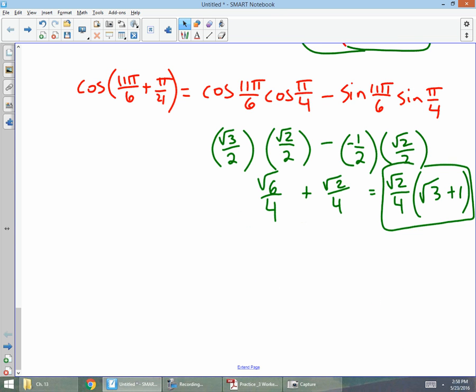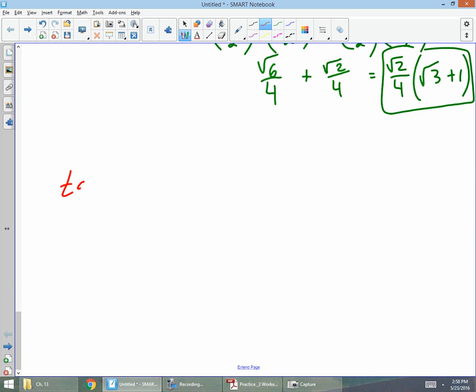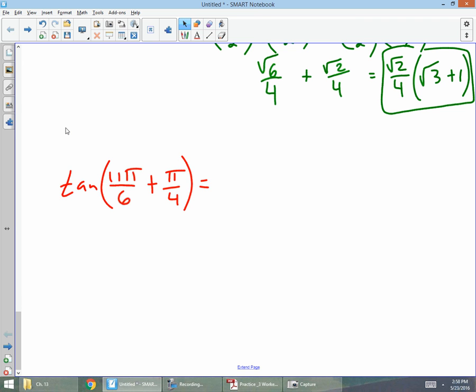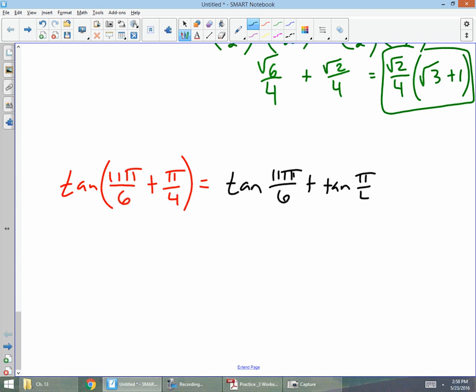And now, last but certainly not least, good old tangents. The tangent of 11 pi over 6 plus pi over 4 equals the tangent of 11 pi over 6 plus the tangent of pi over 4 over 1 minus the tangent of 11 pi over 6 multiplied by the tangent of pi over 4.